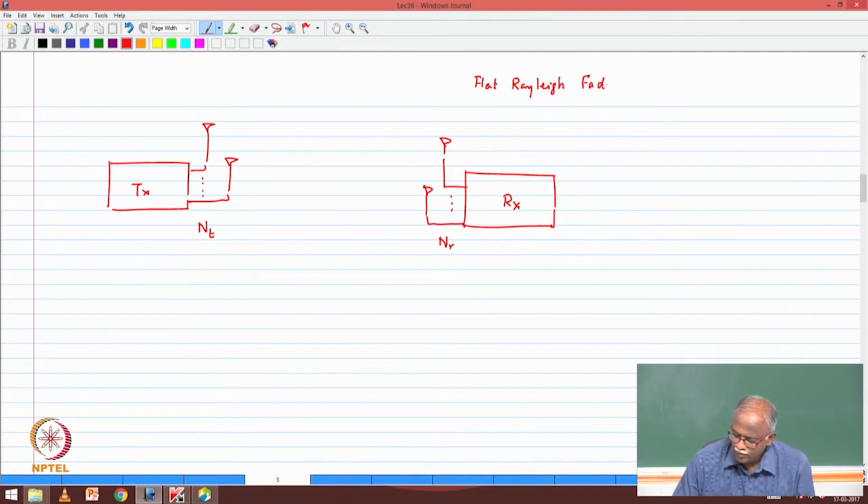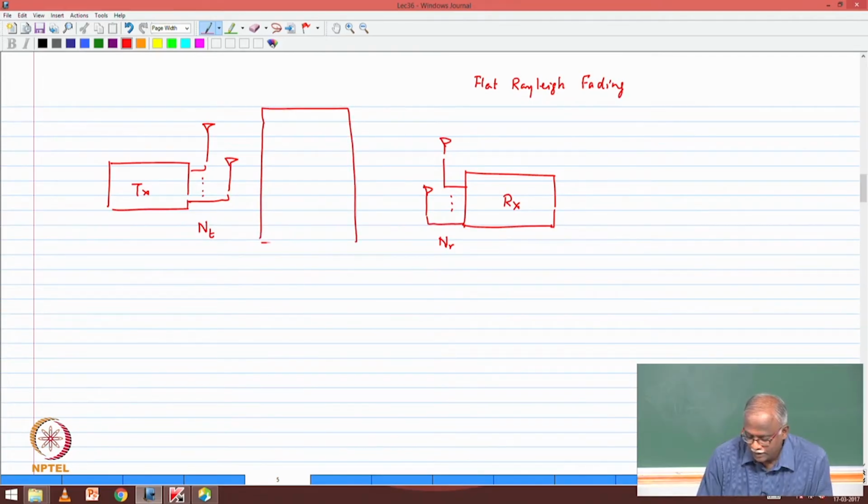Okay. Now, describe for me what is the channel between the transmitter and receiver. How would you characterize the flat fading? It means between every transmit antenna and every receive antenna, it is a single Rayleigh fading coefficient. Now, there are NT signals that are getting transmitted. Each of those NT signals will be picked up by each of the NR antennas. So, this channel in between is a matrix channel, because it connects NT transmit antennas to NR receive antennas.